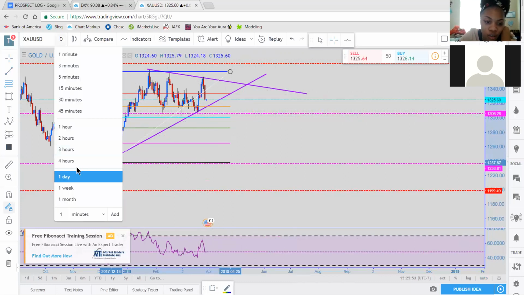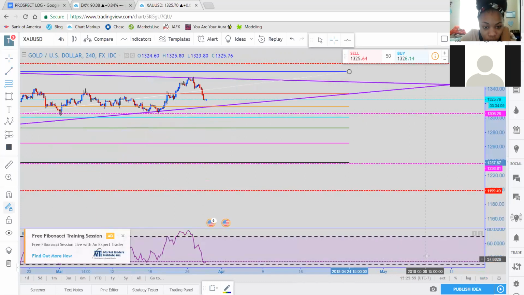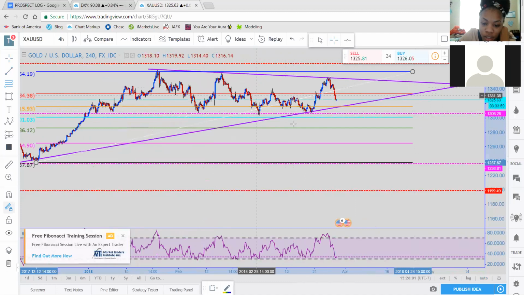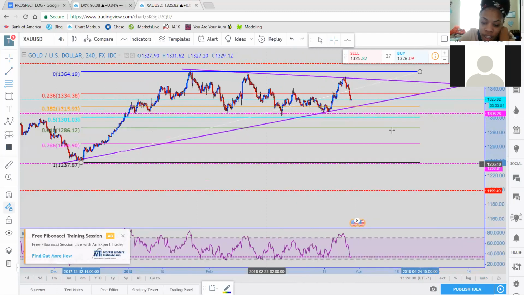So then I'm going to go to the 4 hour. Here you can see more of what I was talking about with consolidation. This little area is consolidation. But this is why I keep saying impulse, correction, impulse.